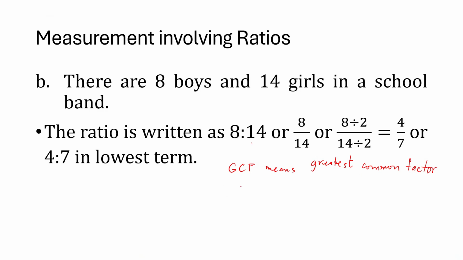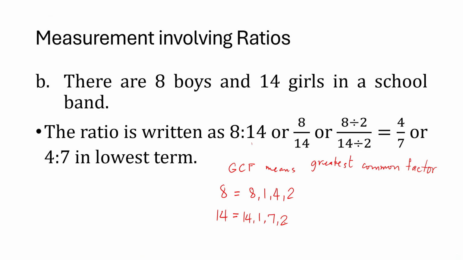So to find the GCF of 8 and 14, we need to find the factors. So what are the factors of 8? So the factors of 8 are 8, 1, 4, and 2. While the factors of 14 are 14, 1, 7, and 2.